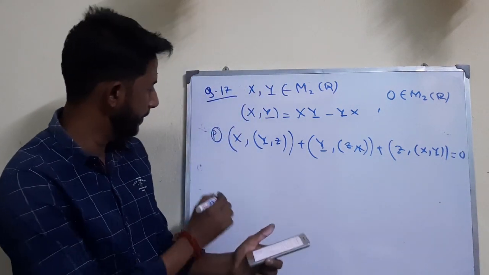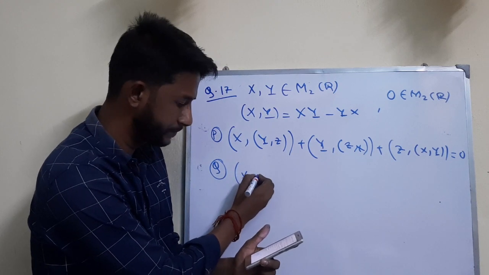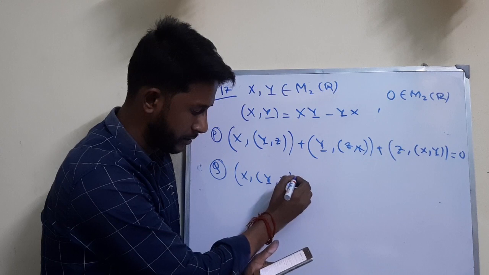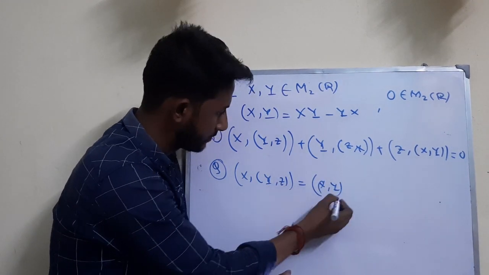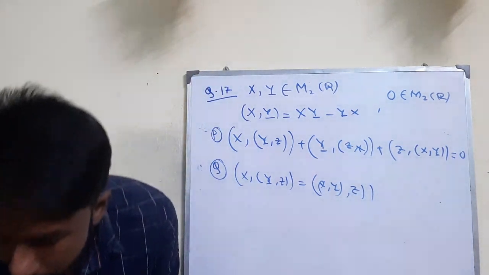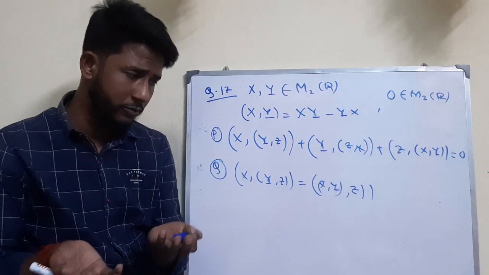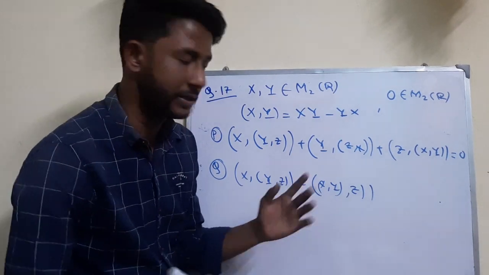This is our P, and Q says that bracket of xyz is equal to bracket of xy, z. We have to check which option is true and which one is false: P true, Q false; Q true, P false; both P and Q true; or both P and Q false. First of all, let us justify the second option.